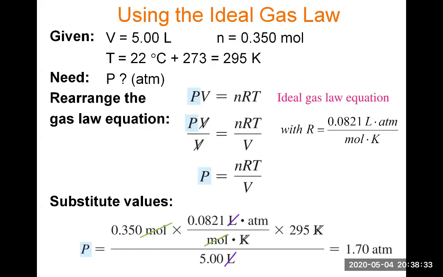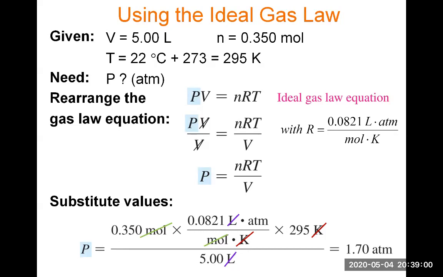And we can cancel kelvins because temperature is in the numerator and the unit of R has per Kelvin. So they cancel. And we see that the only unit that is left is atmosphere in the numerator. So that's correct.